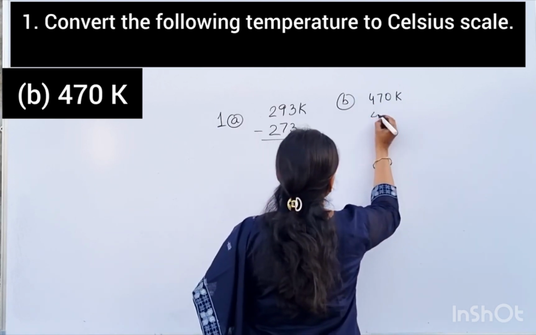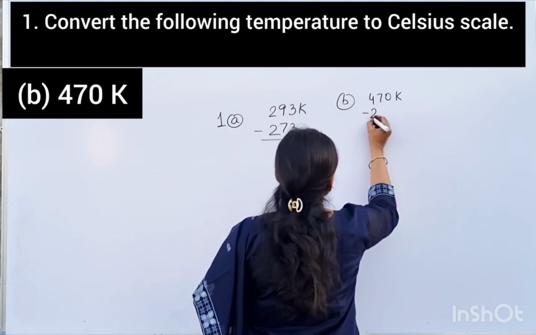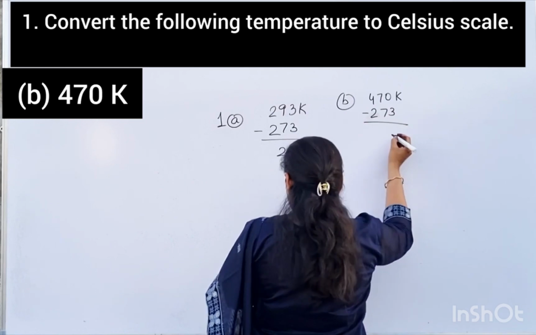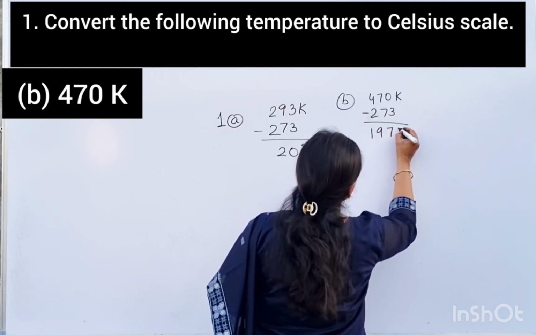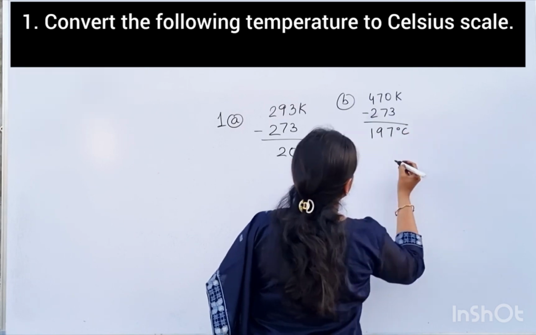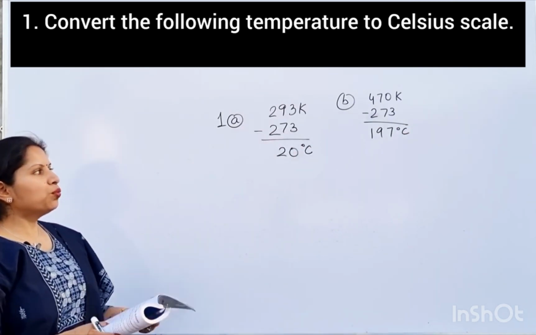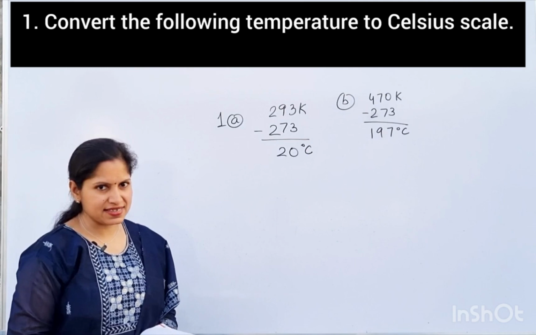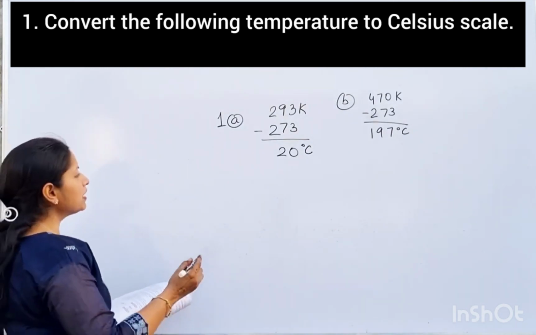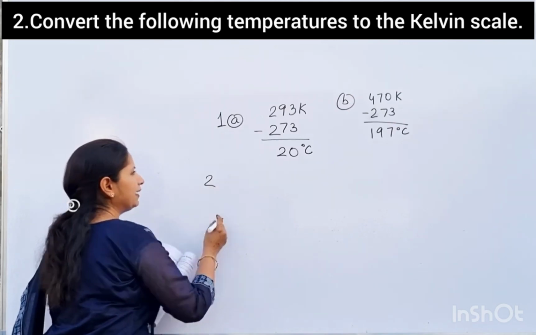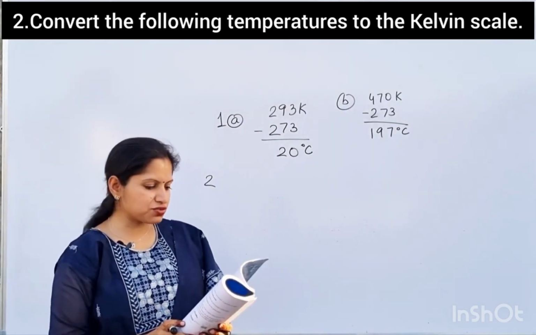So 470 minus 273 and that will give us 197 degrees Celsius. So this is part A and B of this question. Now, second question also we will do that and then I'll shift to the side so that you can take a screenshot.